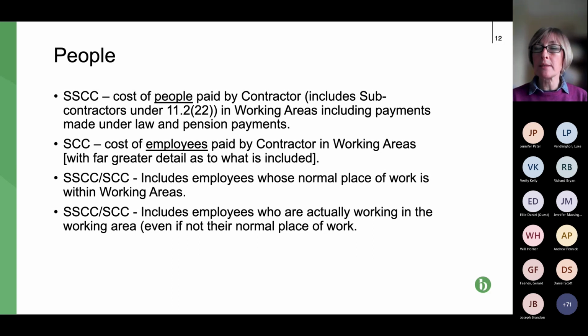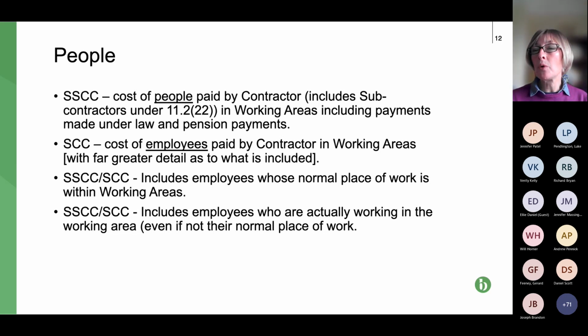So there's a whole list of items, the cost of them being on holiday, kind of netted out over the course of the project. So there's a whole raft of things that cover the cost of employing somebody, but it's not the cost of all employees. It's the cost of employees who are working in the working areas.